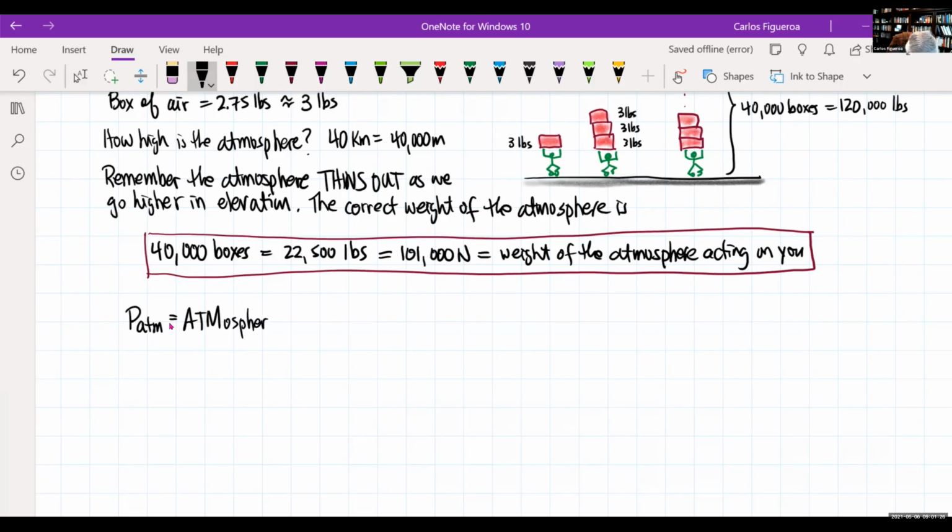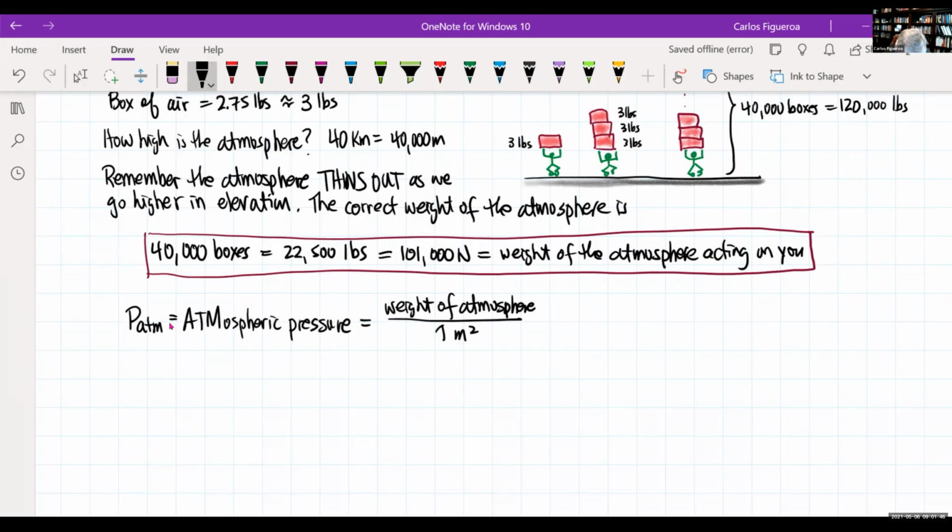So atmospheric pressure is then equal to the weight of the atmosphere divided by 1 meter squared.